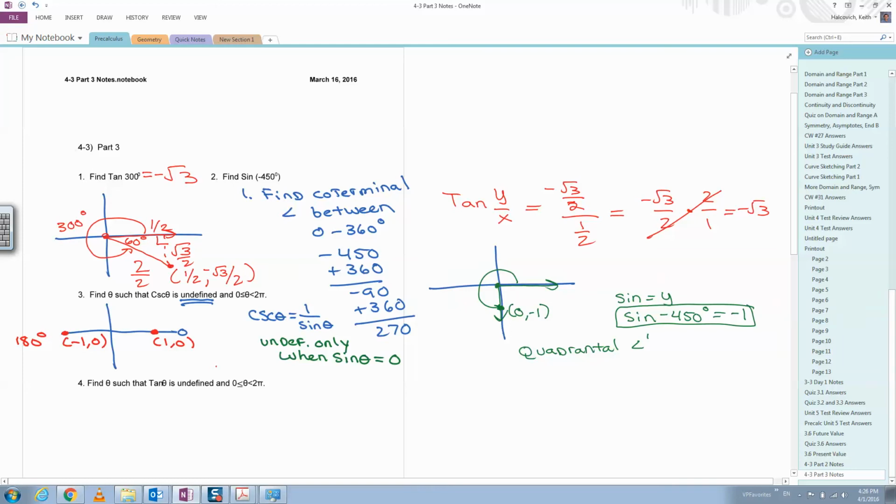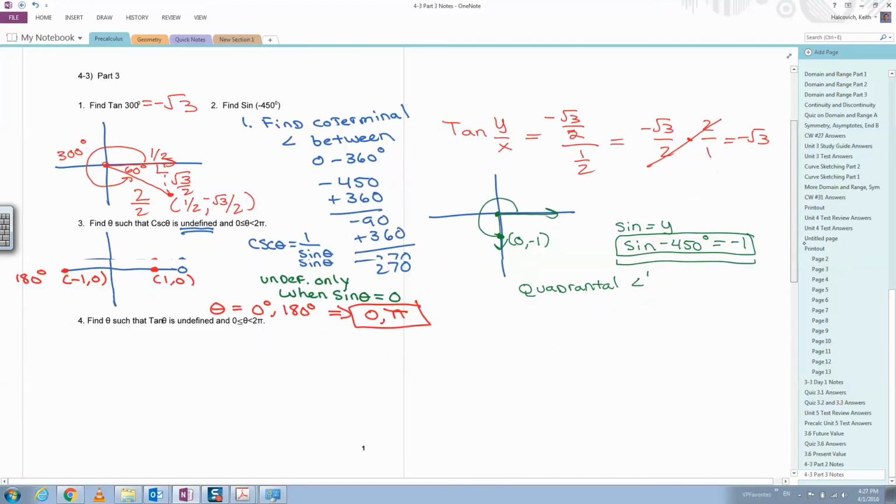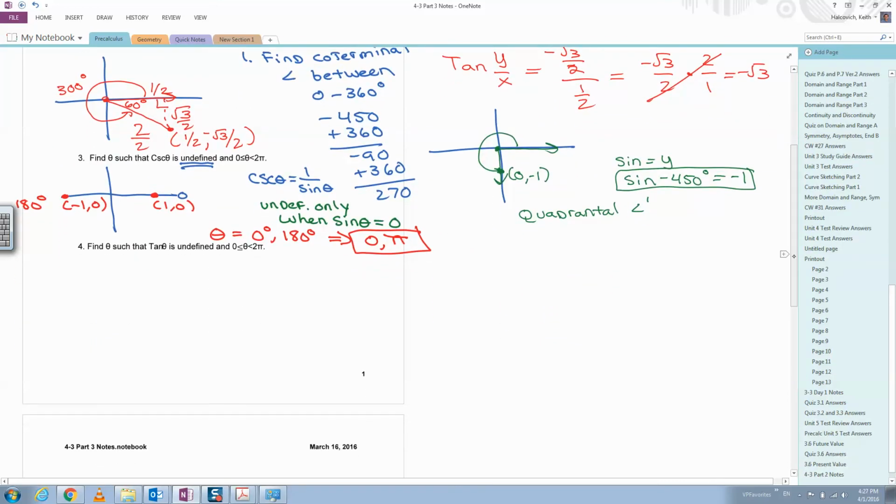So there's two places. Theta could equal 0 degrees or 180 degrees, which in radians is 0 and pi. Because if it gives you the interval in terms of radians, then you want your final answer in terms of radians.